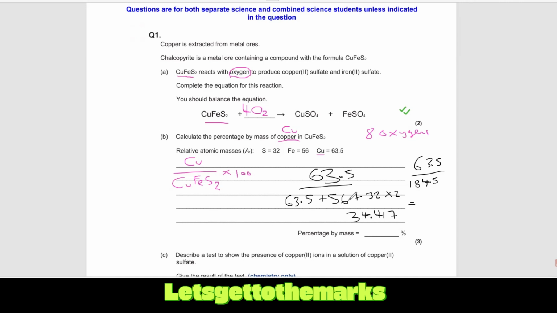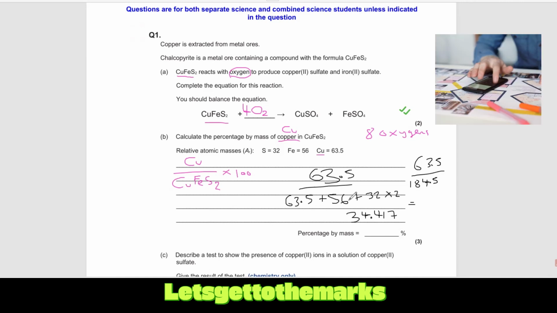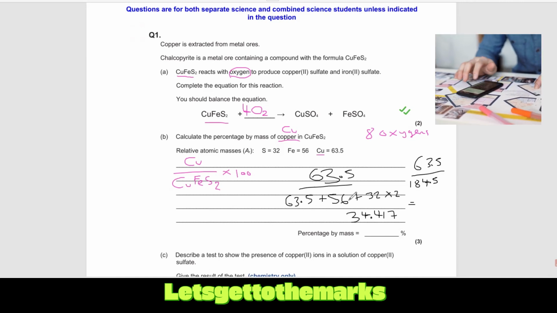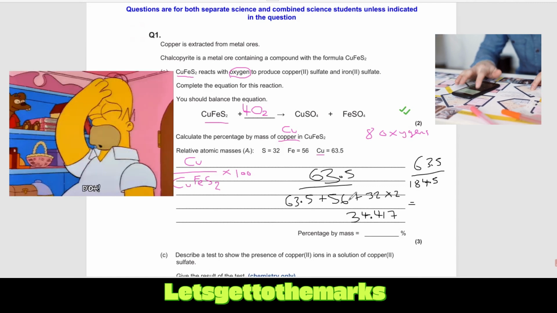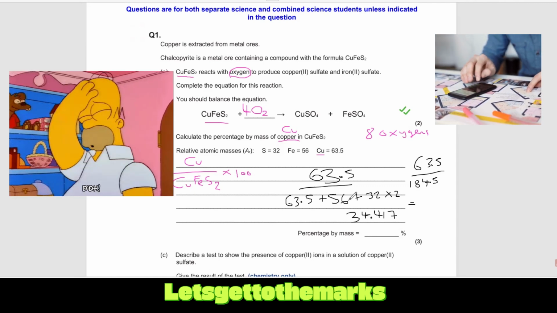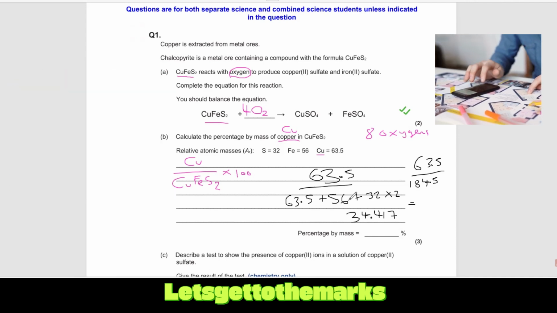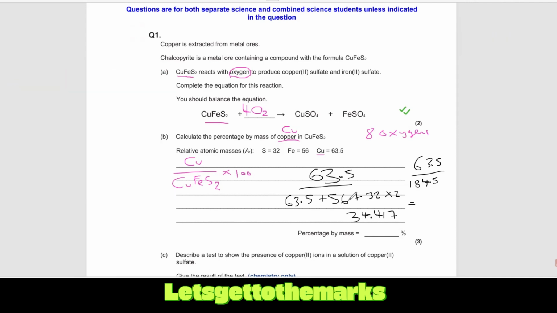So let's go 63.5 plus 56 equals 119.5 plus 64. Ooh, no, Tom, you absolute donut. Let me try that again. I think I've mashed that up, guys. Plus 56 plus 64. Always use a calculator, folks, or you'll do something like I've done there.